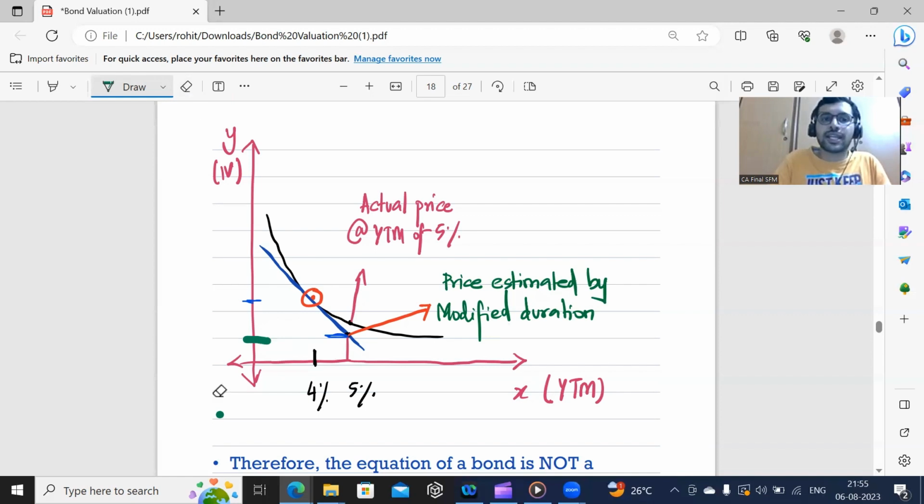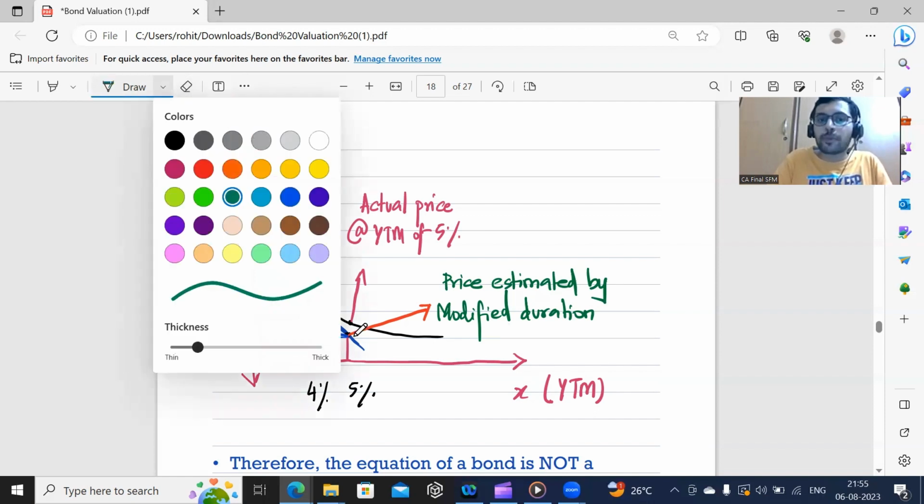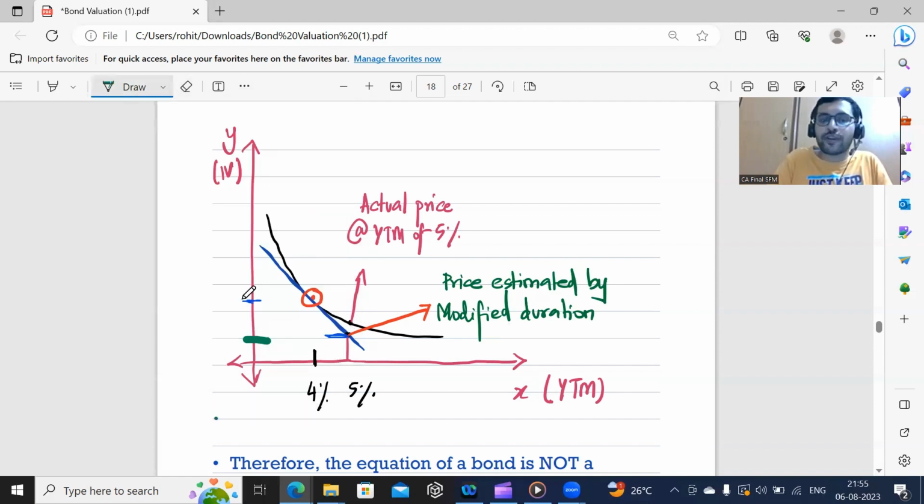It is saying that when the YTM increases from 4 to 5%, the bond price is going to fall from the blue line to the green line. All right. So modified duration is stating that when the YTM increases from 4 to 5, the bond price will fall from this blue line to this green line. And it has determined that by calculating the slope of this line.